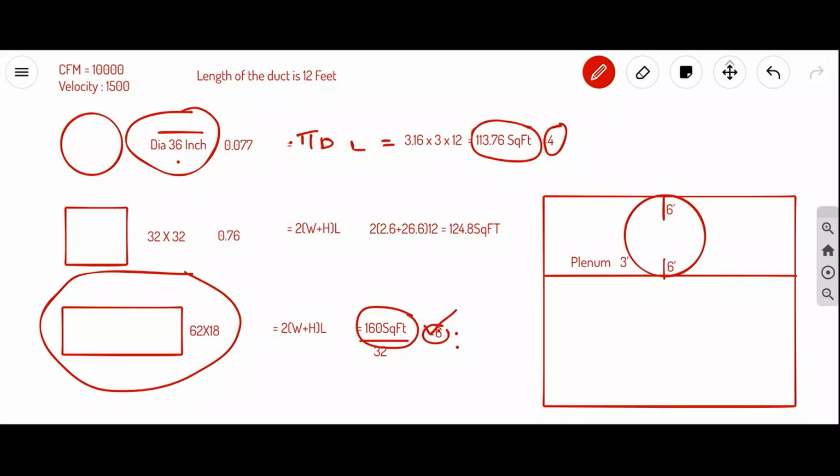So when the client is restricting you with the space, we need to sit with him and explain really what is happening on the site. So this loss is not only a one-time loss. This loss is going to be a lifetime loss for the project, right? Yes. What is lifetime loss?